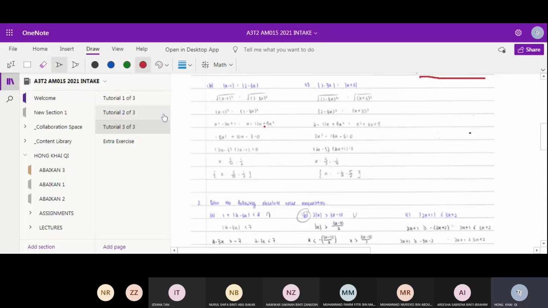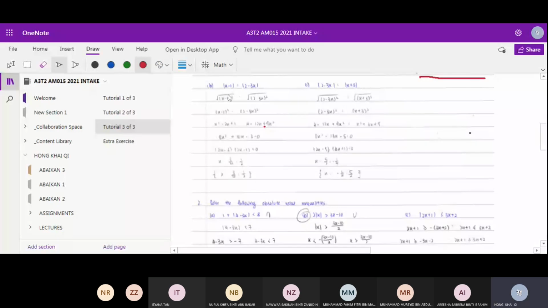I think inside the lecture, you see the lecture page 5. There is a rule like the modulus, we can change it to square root and square.